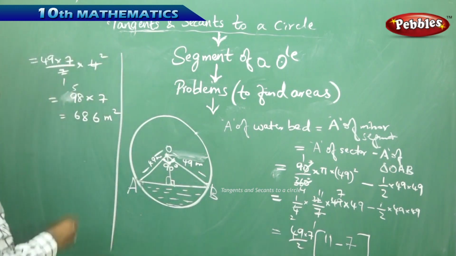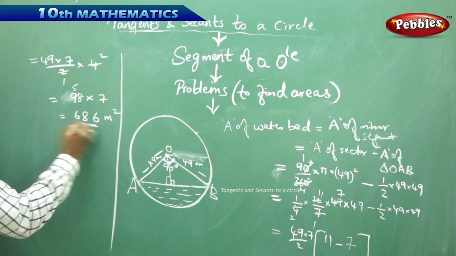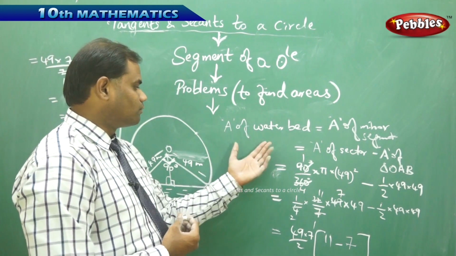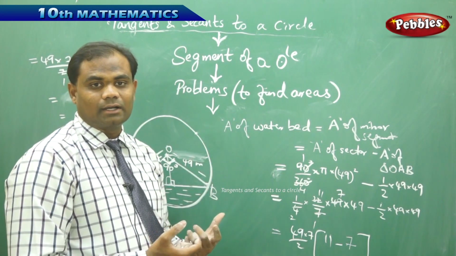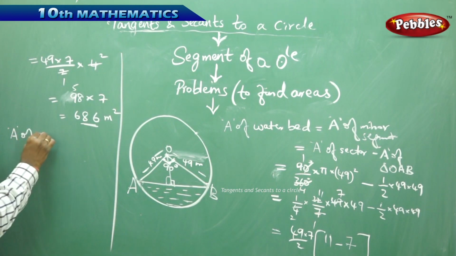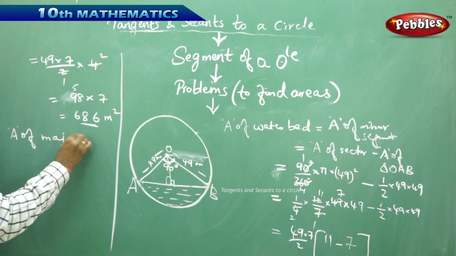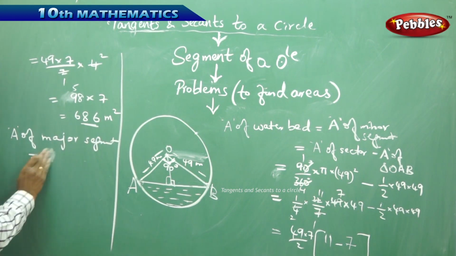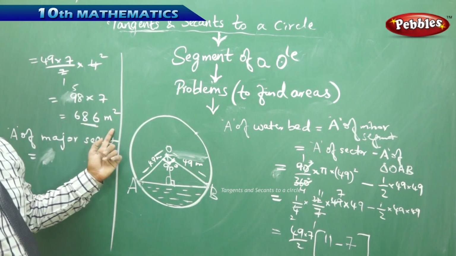Now using this, I have the area of the waterbed as 686 meters square. Therefore, the area of the circular park which is not covered by the waterbed, the area of the major segment, is indirectly to be found as the area of the circle minus the area of the waterbed.